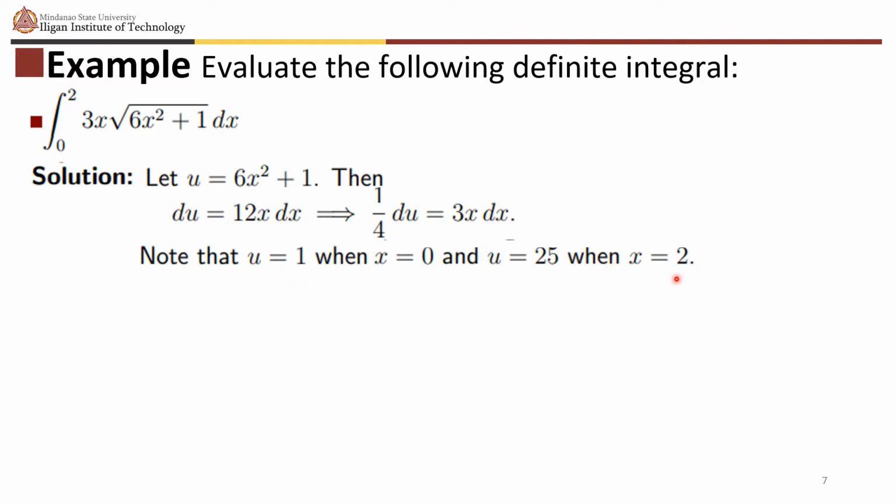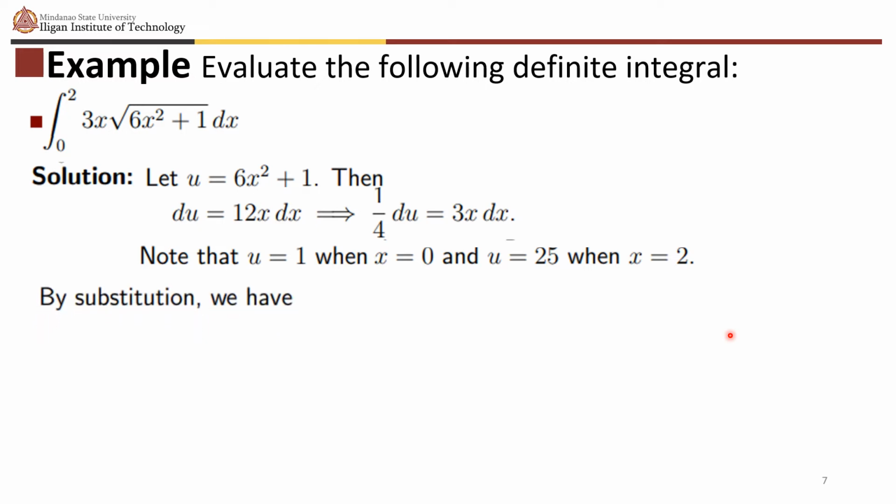When x is substituted as 2 here, you will be able to solve for u to be equal to 6 times 2 squared, that will be 6 times 4, that's 24, plus 1, that's equal to 25. So meaning to say, the limits of integration also change from 0 to 2, it will become from 1 to 25.